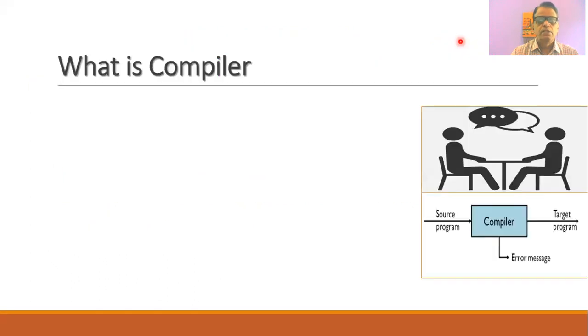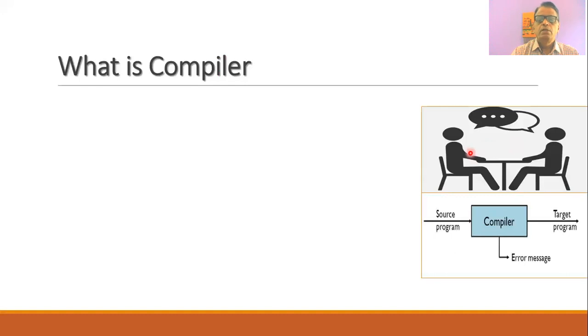So let us start the session with the question, what we mean by compiler. Now let us imagine a situation where two persons are talking with each other. Now the two persons can talk with each other only if they know the language. And if both the persons understand the same language, then it is possible that they can communicate with each other.